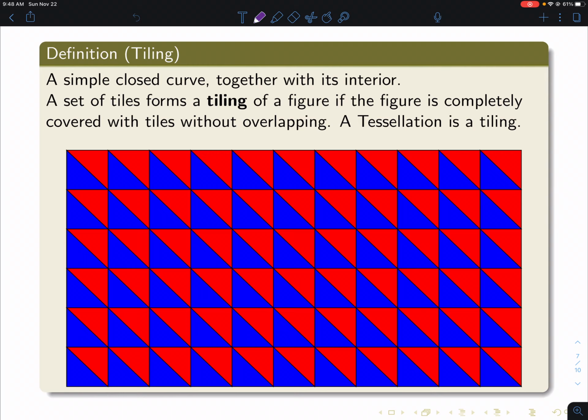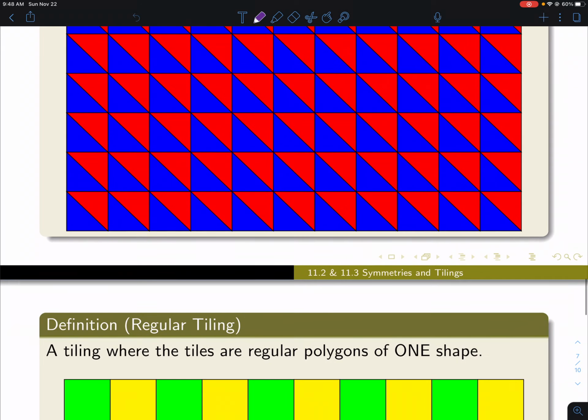If you are a fan of M.C. Escher, he's an artist who made some beautiful tessellations, where he tiled a plane with really remarkable figures like lizards and all kinds of weird stuff. You're actually going to be making your own tessellation as part of a project, so this should be fun to work on. This is just a sample tiling, with triangles of different colors in this case.